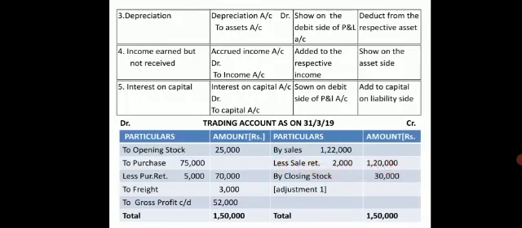So 1,20,000 plus 30,000 gives me 1,50,000, and from 1,50,000 I will reduce 25,000, 70,000 and 3,000. The resultant figure difference will be taken as gross profit, which amounts to 52,000. Now this 52,000 is transferred to my profit and loss account.